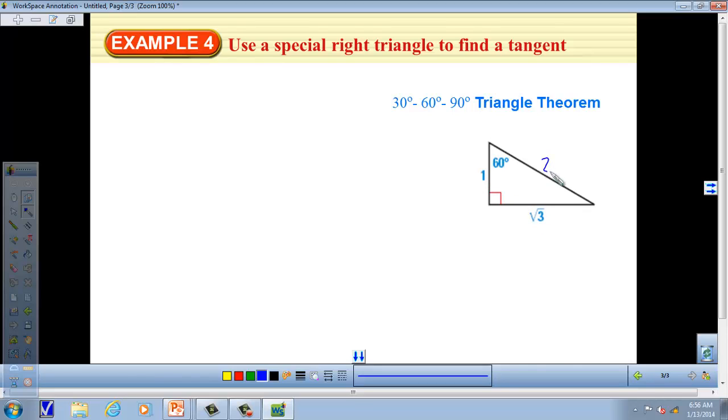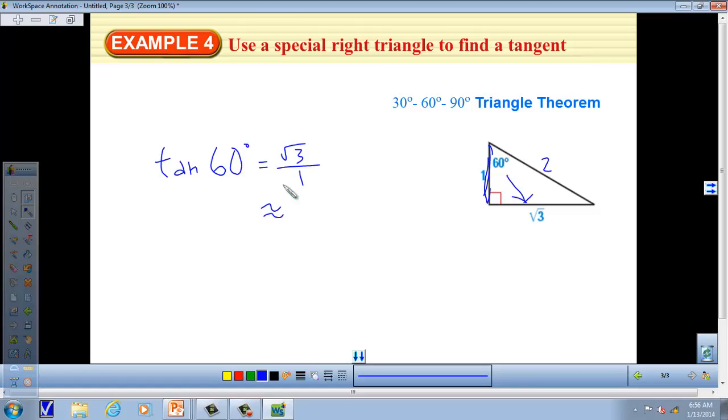Of course, this would be 2. And so if we say tangent of 60 degrees, that's going to equal opposite, which is square root of 3, and adjacent, which is this side, which is 1. So it would be square root of 3, or approximately, I believe that's about 1.7.